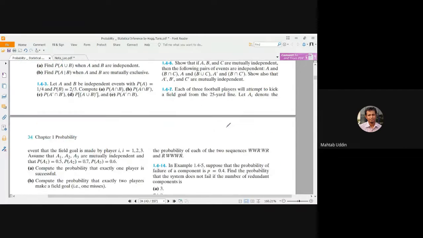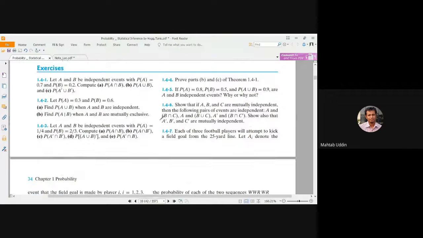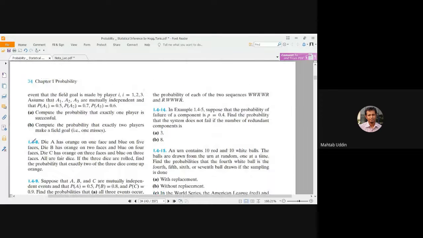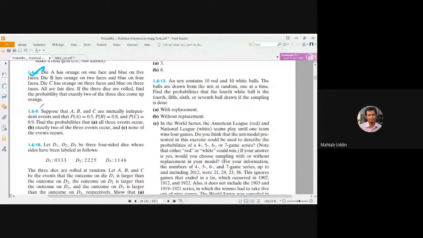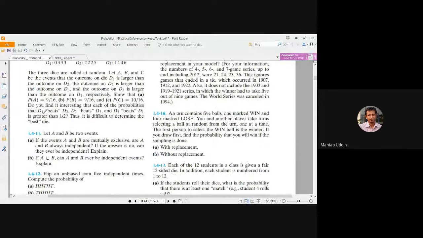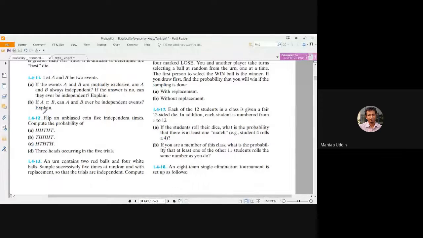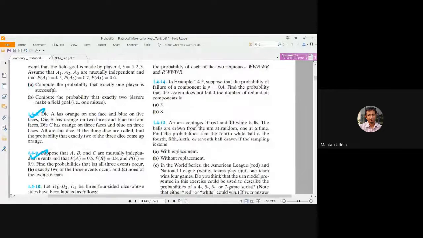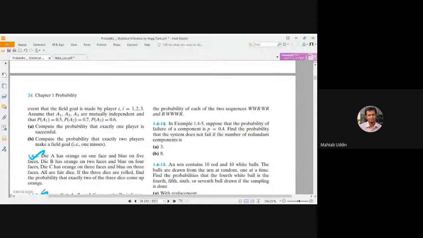Let's start the example. So what are we going to do here? We'll study here from number 1, 2, 3, 4, 7, 8, 9. There should be one more. Let me check what is in our course plan.